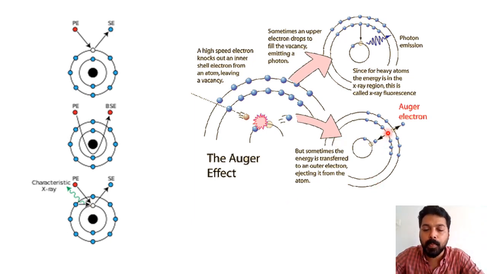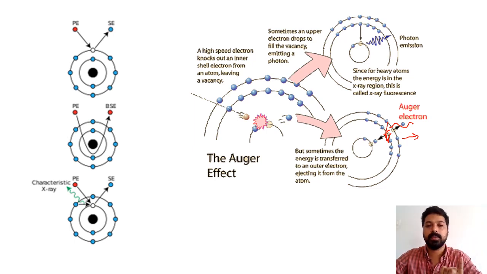In the same way, when the void is occupied by the higher energy electrons, the released energy may be sufficient to knock out some other electron, and that electron is known as the auger electron. I have shown here, suppose there is a vacancy over here, and an electron is transmitted to here, and this energy is sufficient to knock out some other electron, then it is called the auger electron. So there is the backscatter electron, the secondary electron, the X-ray, and the auger electron.